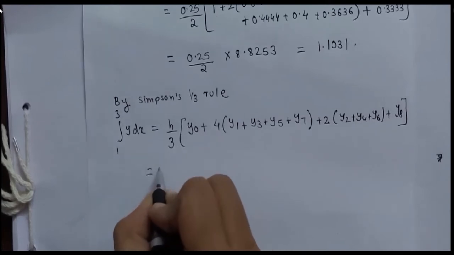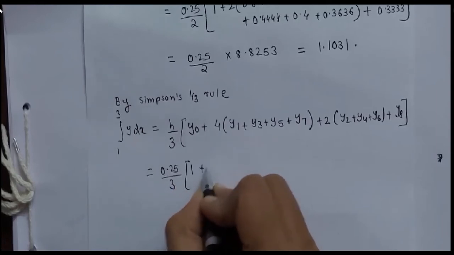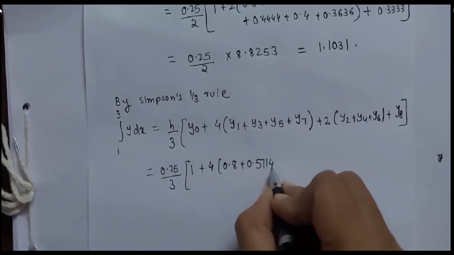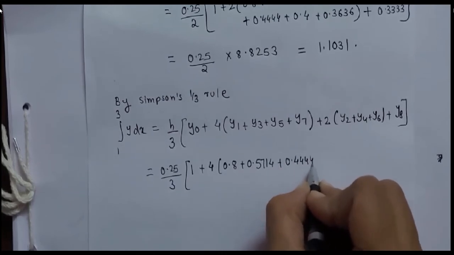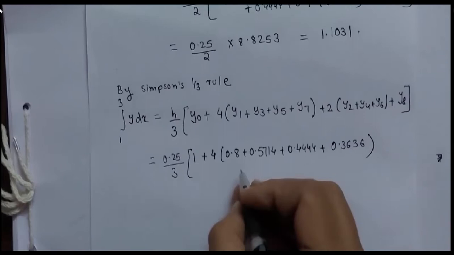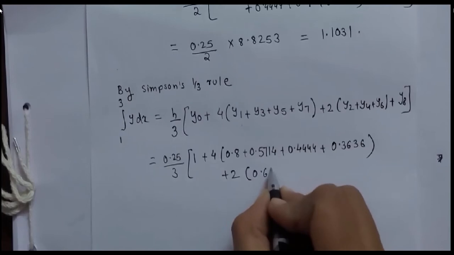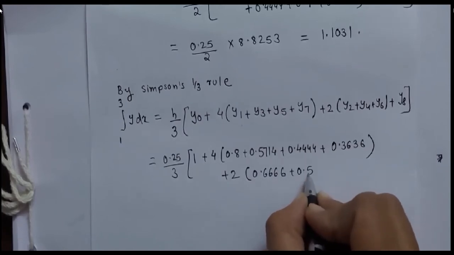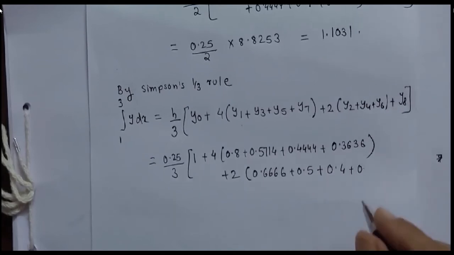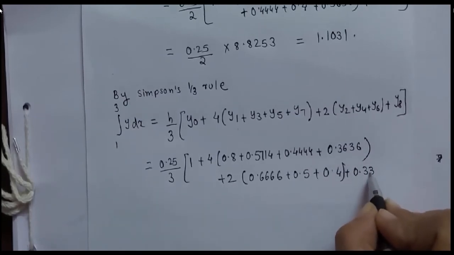Now just substituting the values, h is 0.25 divided by 3, y0 is 1 plus 4 times (0.8 plus 0.5714 plus 0.4444 plus 0.3636) plus 2 times, this is all odd terms and this is even terms, (0.6666 plus 0.5 plus 0.4) plus 0.3333.